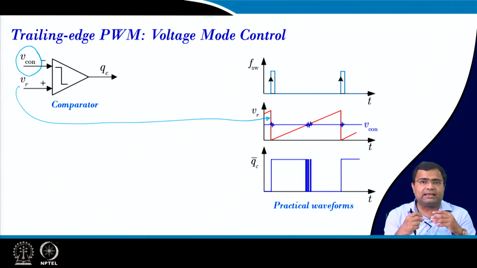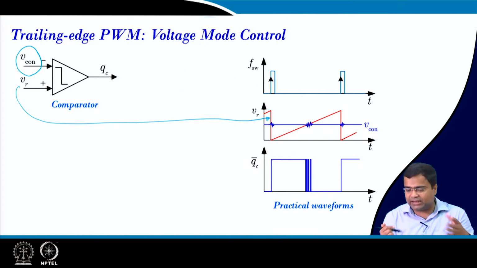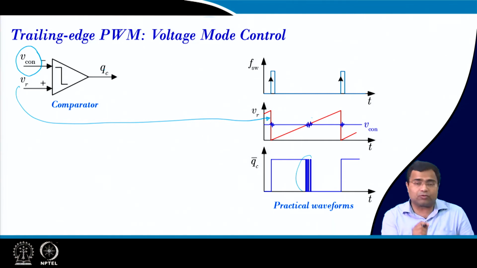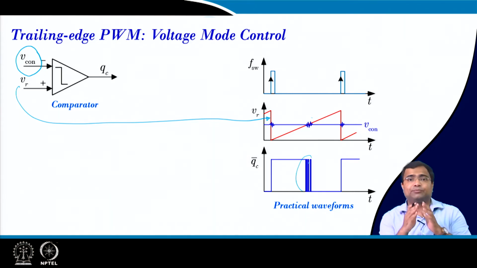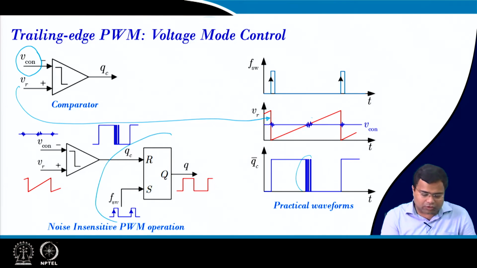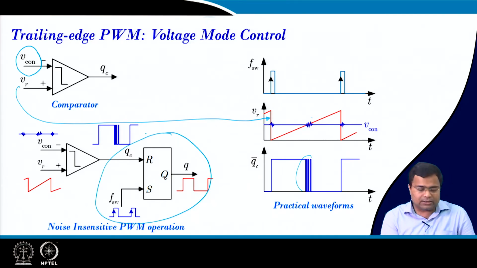If there is any switching event or noise, there will be a noisy output at the comparator, and generally after this comparator we put a latch circuit, so that once it turns off it cannot turn on again. So, it becomes insensitive to multiple chattering, that means on-off pulses. It will just turn off, and this is the latch operation. Once it turns off, it cannot turn on again, and that is called trailing edge modulation.